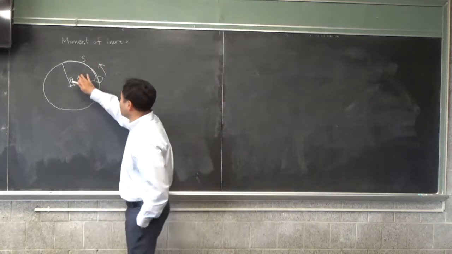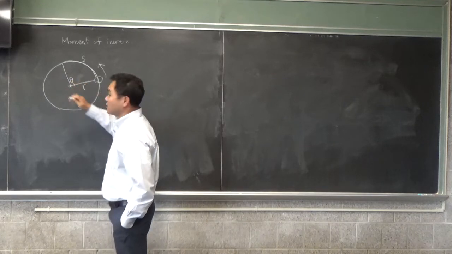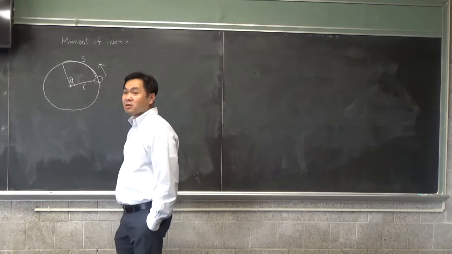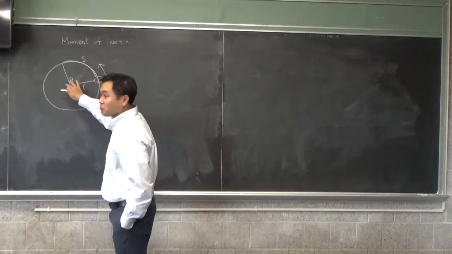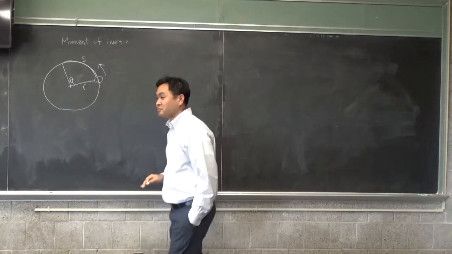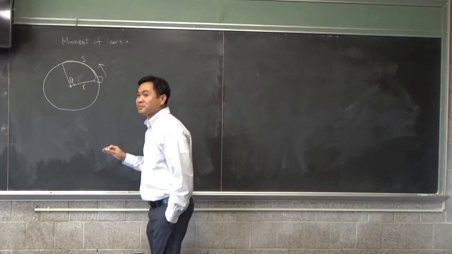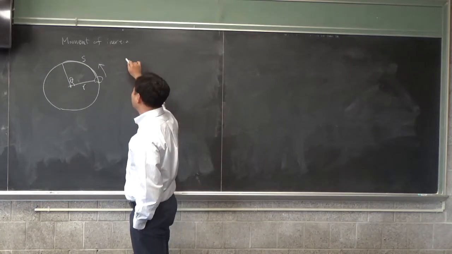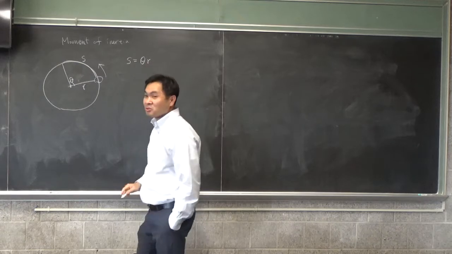Do you know the relationship between the arc length s, the angle theta, and the radius r? If I give you the radius of a circle and a central angle theta, do you know the formula for finding the arc length? Does anyone know? No? You call this the SOAR formula.